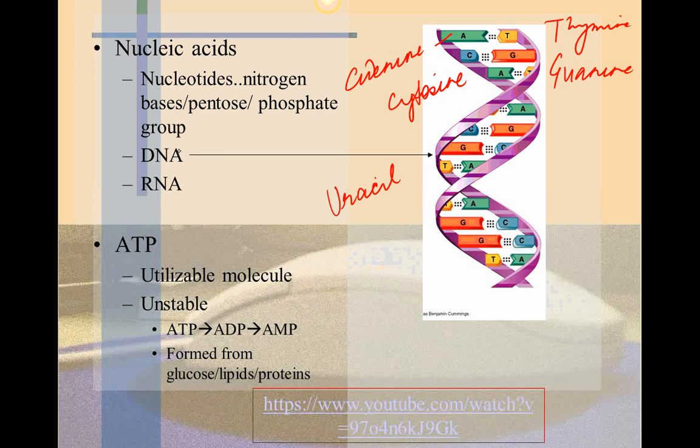So let's look at the two different types of nucleic acids. DNA is deoxyribonucleic acid, which is present in the nucleus, and this is double-stranded. As you can see, it has this double helical property.